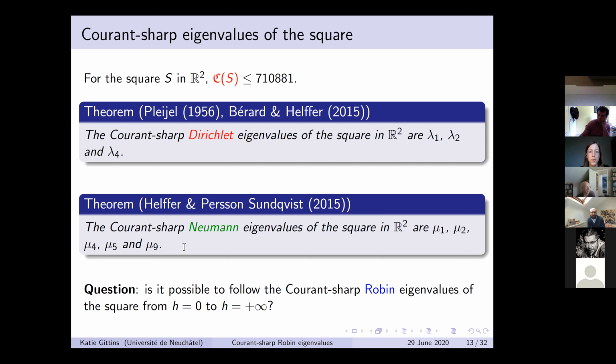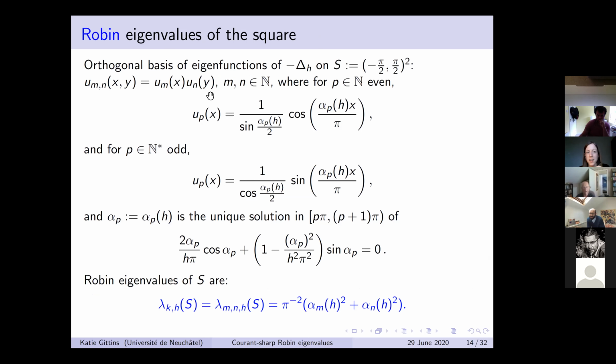Okay, so here's just a quick reminder. We can write a basis of eigenfunctions as products of the eigenfunctions on the interval, and they look like the Dirichlet-Neumann cases, so I have products of cosines and sines. But I also have this parameter alpha_p, which is coming from the Robin boundary condition here.